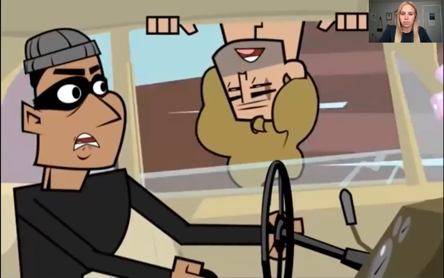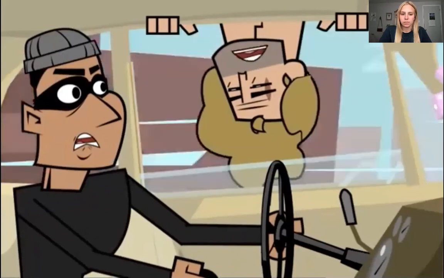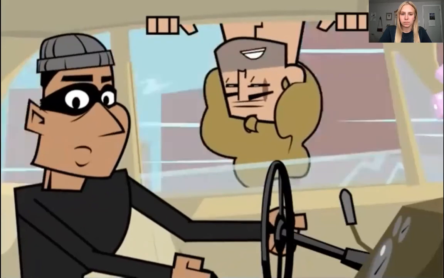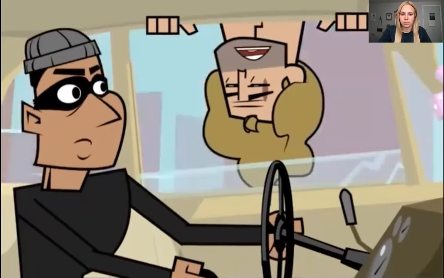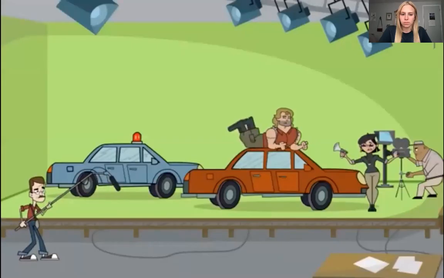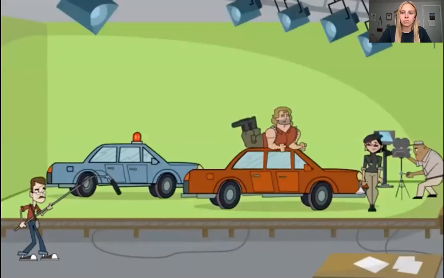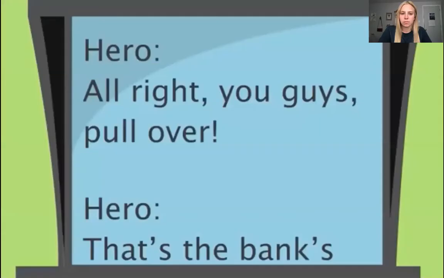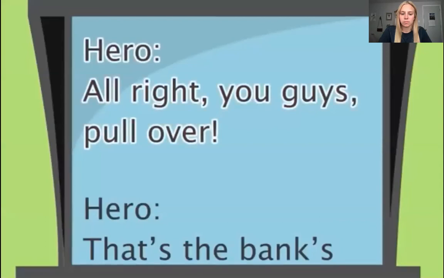All right, you guys, pull over. That's the bank's money right there. I caught you red-handed. You're going to spend a long time behind bars. Cut! They're not going to jail. That's not in the script. Are you serious? Check it out. First, you leap onto their car and yell, "All right, you guys, pull over."